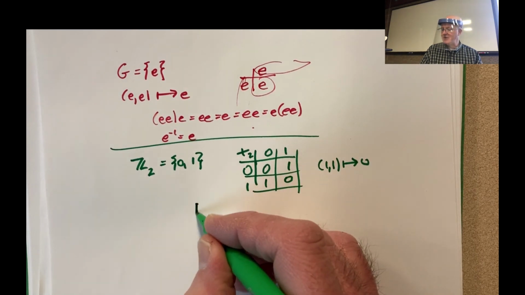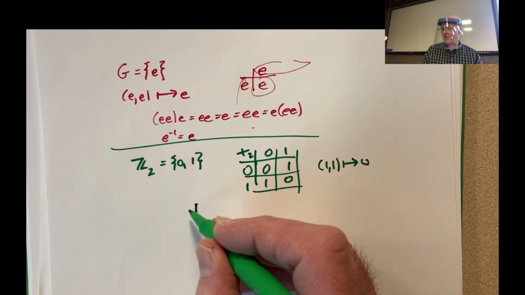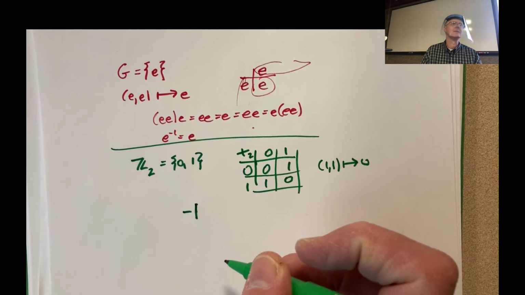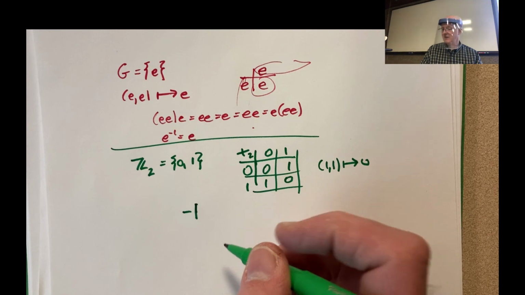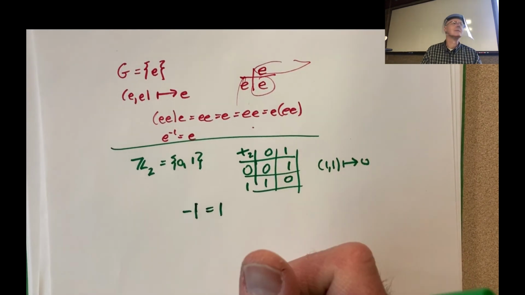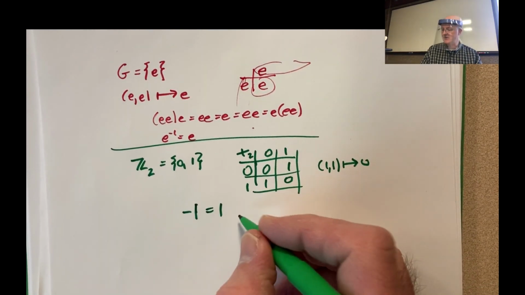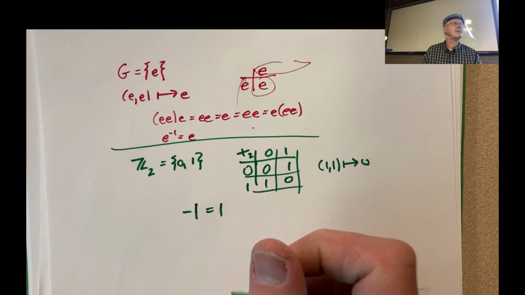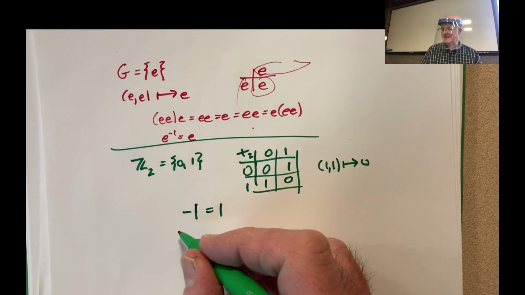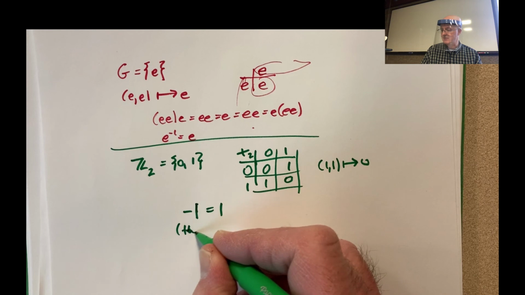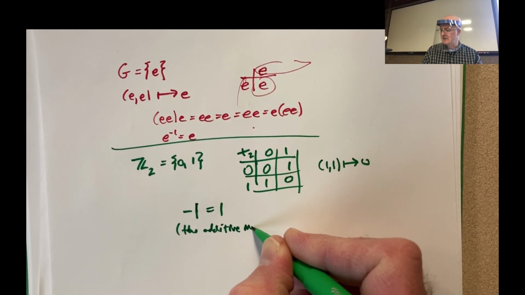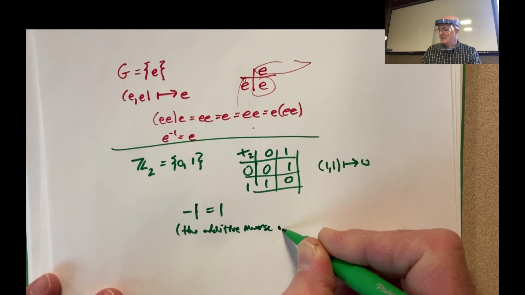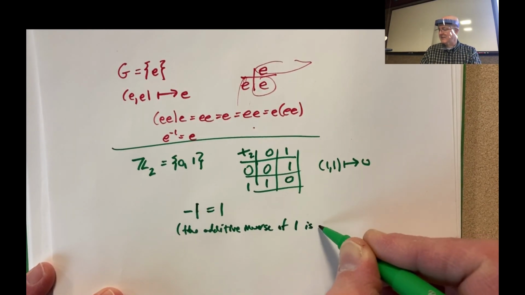But when the group operation is addition, instead of writing a power, you write the negative sign in front. It's an additive inverse instead of a multiplicative inverse. So you'd say negative 1 equals 1. Yes, that's true, mod 2. The additive inverse of 1 is itself.